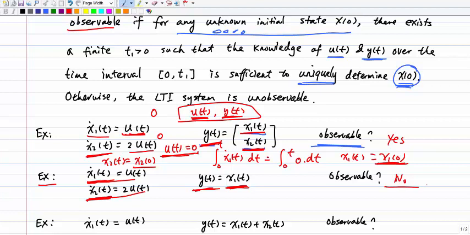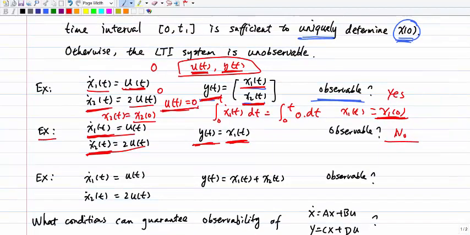The third question says, I still keep x1 dot t and x2 dot t the same, while my output becomes x1(t) plus x2(t). Is this observable? It's a little bit hard to figure out here, because I do have x1 and x2 in my output, but it's a sum of them.